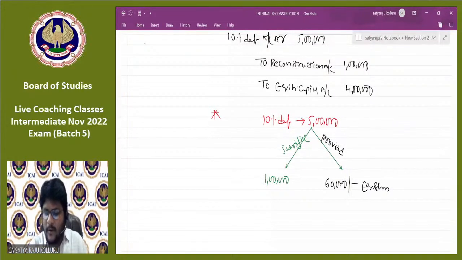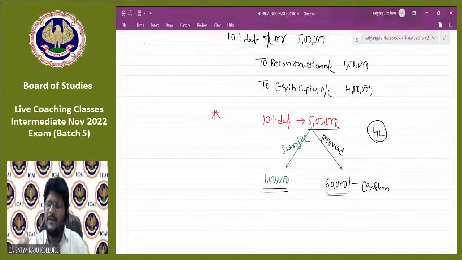The existing debentures amount was 5 lakhs. The debenture holders are ready to sacrifice to the extent of 1 lakh, provided they get 60,000 worth of equity shares. Sir, then what about 4 lakhs? There is no question about 4 lakhs. The 4 lakhs still continues as 10% debentures only. Now, the entire discussion is only with respect to this 1 lakh.